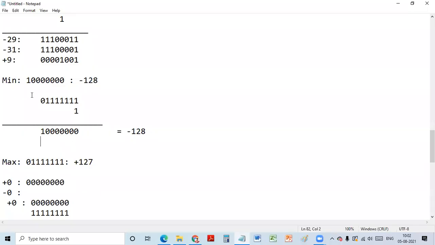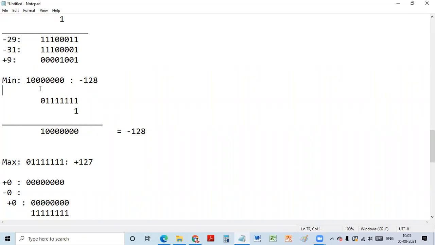Tell me. For the minimum, we need to take the maximum positive value, ma'am. So we took 0 and all ones. Then we need to apply one's complement. Then we need to add 1 more.